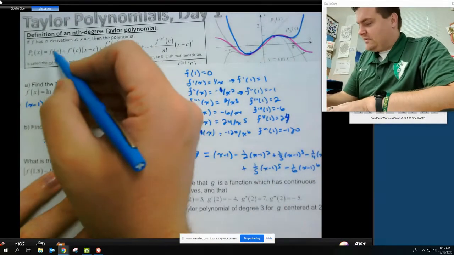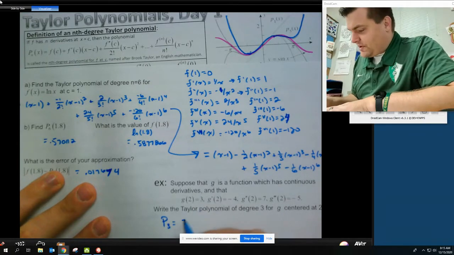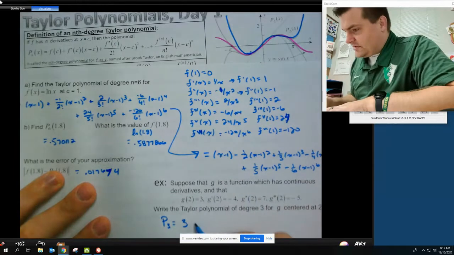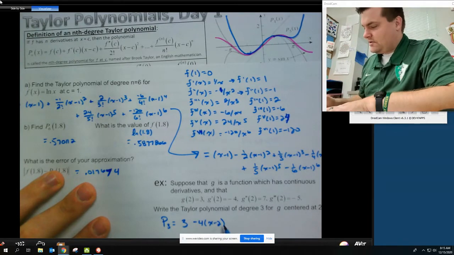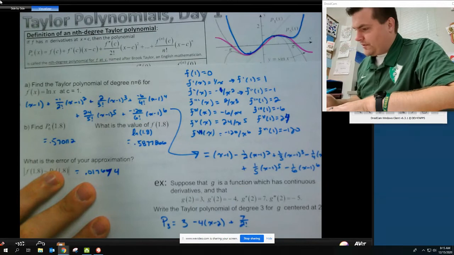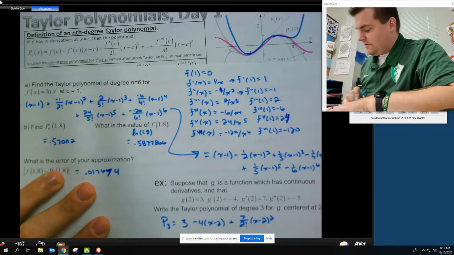So if you want to keep this up here for your reference, it's going to be g of 2, which is going to be 3. G prime is going to be minus 4 times x minus 2, since it's centered at 2. Second derivative is going to be plus 7 over 2 factorial x minus 2 squared.